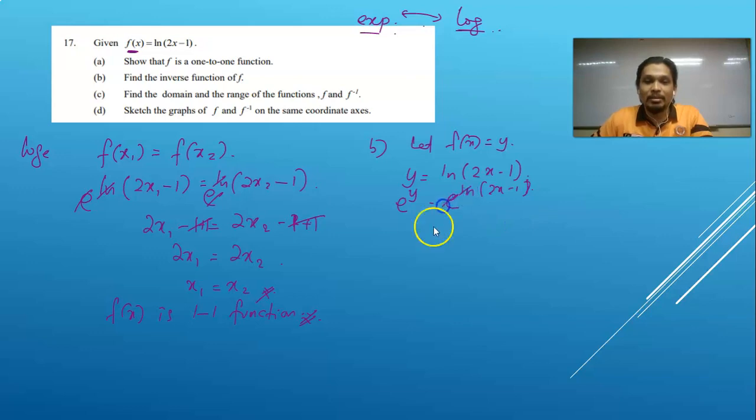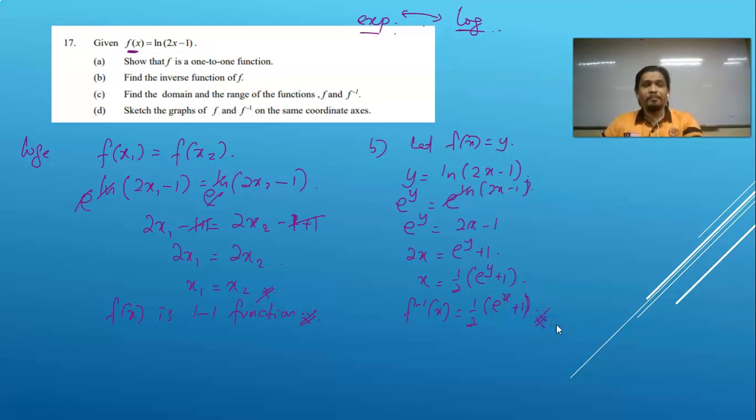So then it is 2x minus 1 equal to e to the power of y. Then 2x equal to e to the power of y plus 1, and x equal to 1 over 2 times (e to the power of y plus 1). So f inverse of x equals 1 over 2 times (e to the power of x plus 1).